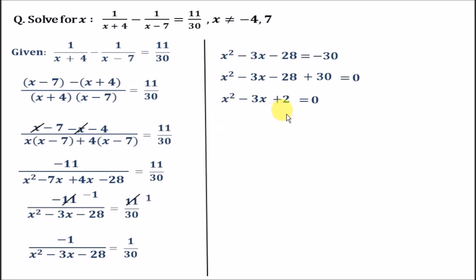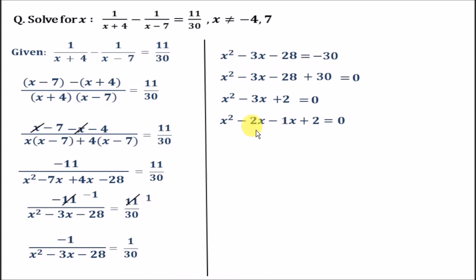This can be factorized using the method of splitting the middle term quite easily, as 1 2s is 2, the coefficient of x squared is 1 and the constant term is 2. 1 2s is 2 and 1 plus 2 can give us the middle term 3. Since the sign of the middle term is minus, we can assign minus sign to both 2 and 1.